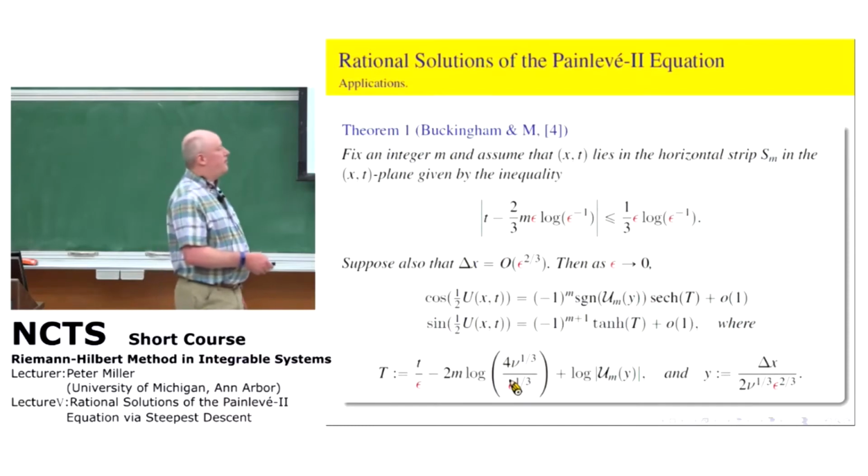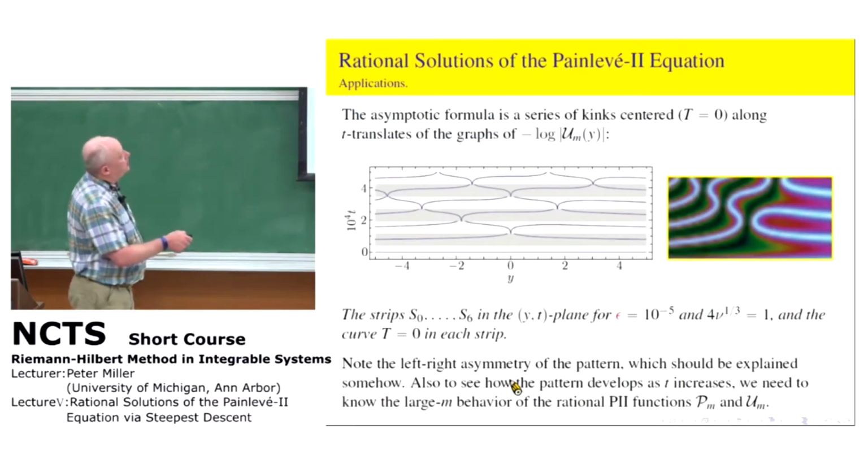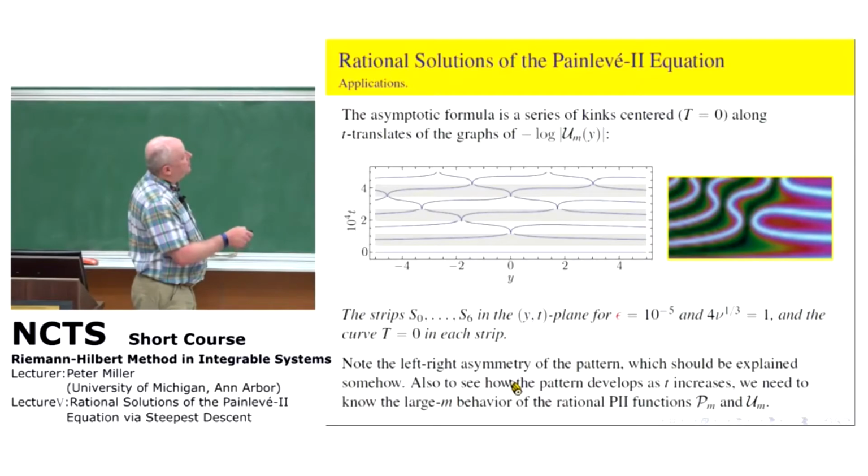So what we're saying is that the asymptotic formula for the solution of the Sine-Gordon equation is a series of kinks centered, the center being t equals 0, along some translates in time of the graphs of these minus log of absolute value u_m.